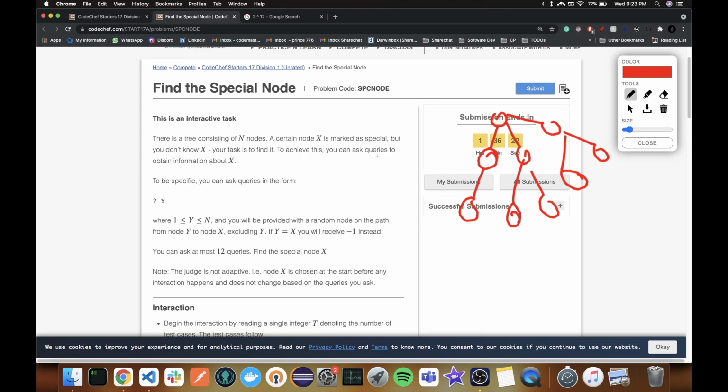Wait, a certain node is marked as special. Okay, now which node is special? So I know their numberings, right? So I choose any random node, 9. I choose any random node, and I will get something.